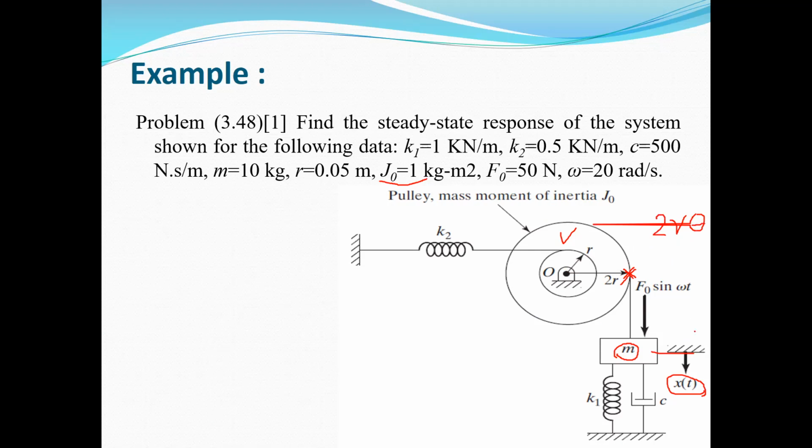So we can consider that xt is equal to 2r theta. And using this relation, we can find only one equation of motion for this system.